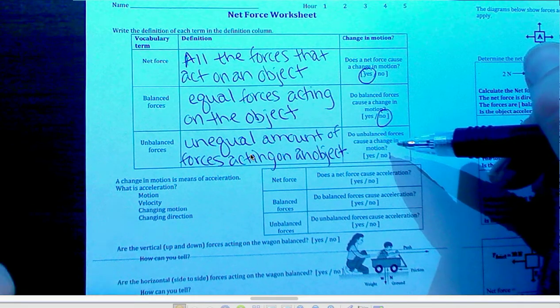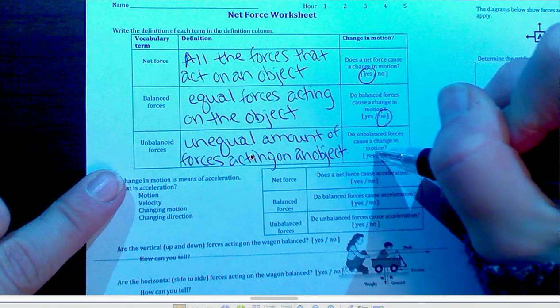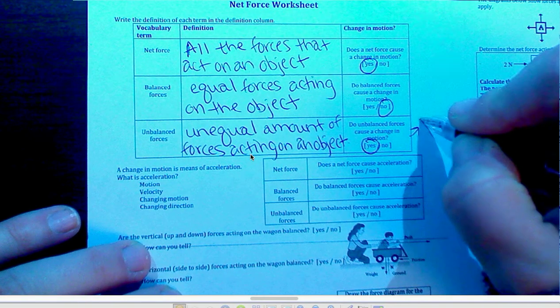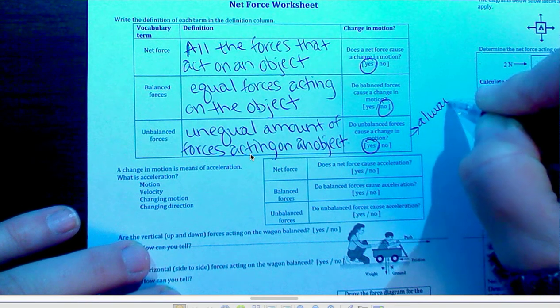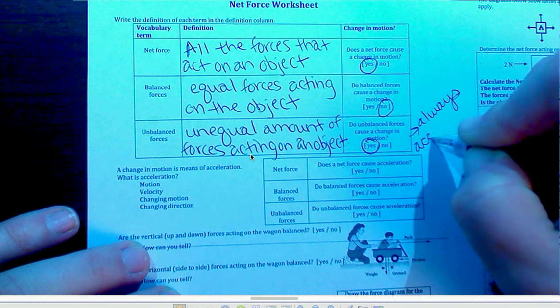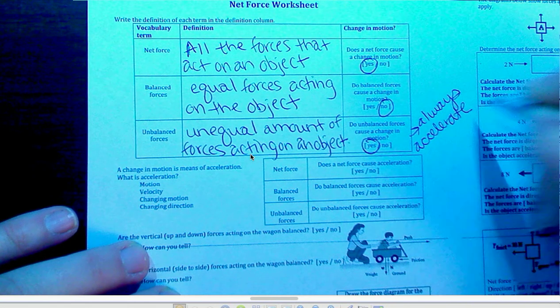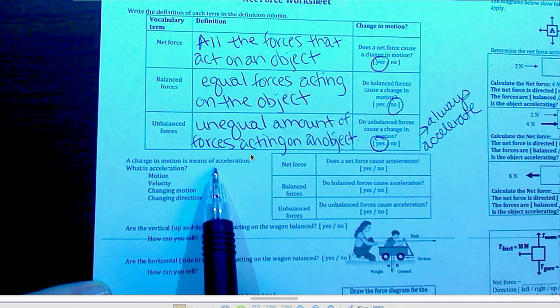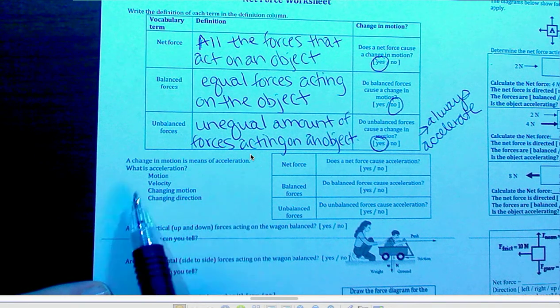So when we do have unbalanced forces, yes, we are going to have motion. And we've already talked about this, but our object will always accelerate when there are unbalanced forces. Here it asks, the change in motion is a means of acceleration.